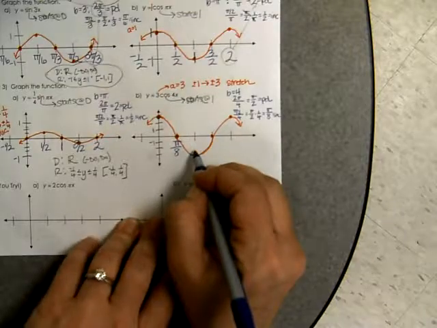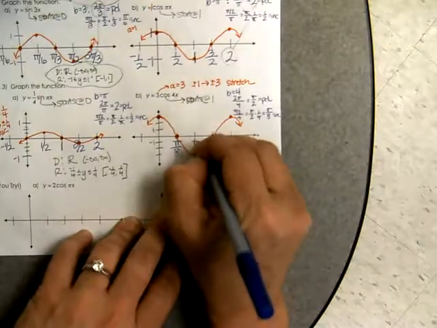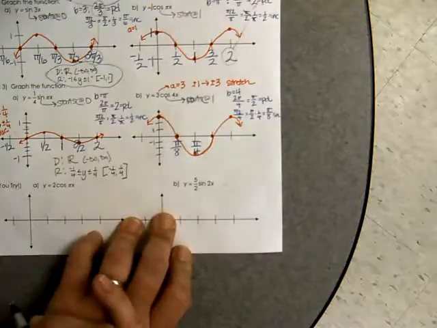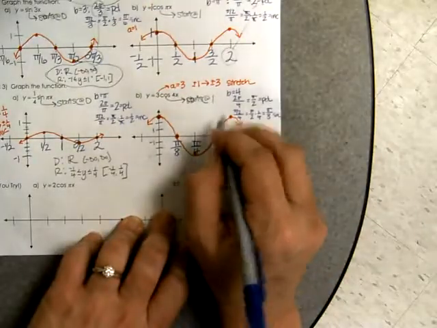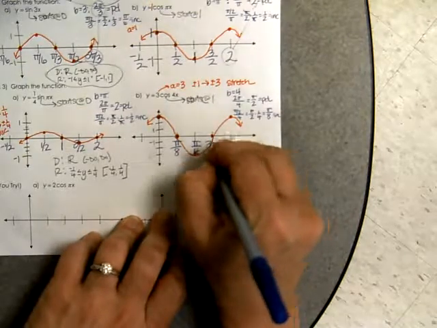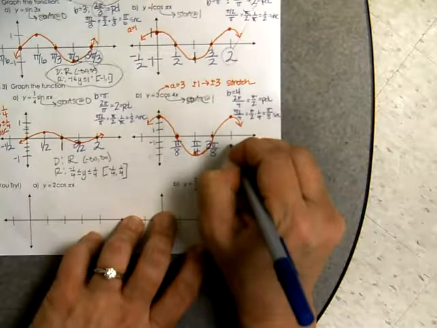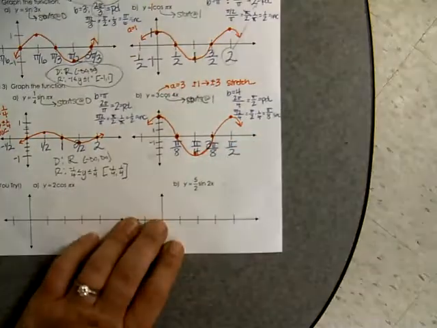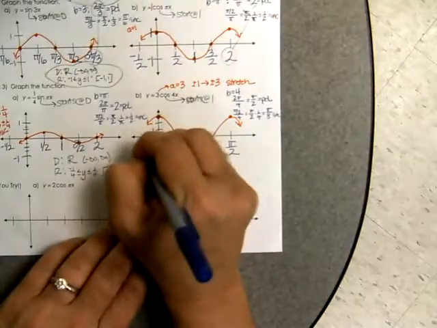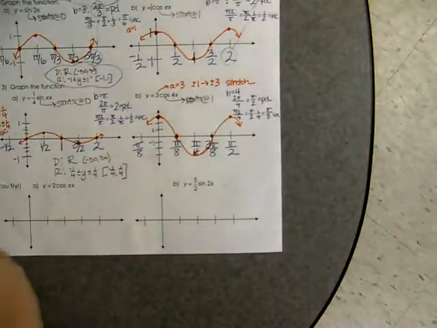The next one would be 2 pi eighths. 2 eighths is like 1/4, so I'll reduce that to pi fourths. 3 pi eighths does not reduce, so I'll label that as 3 pi eighths. 4 pi eighths would be like pi over 2. And then I have negative pi eighths. Okay? And that's what the graph looks like.